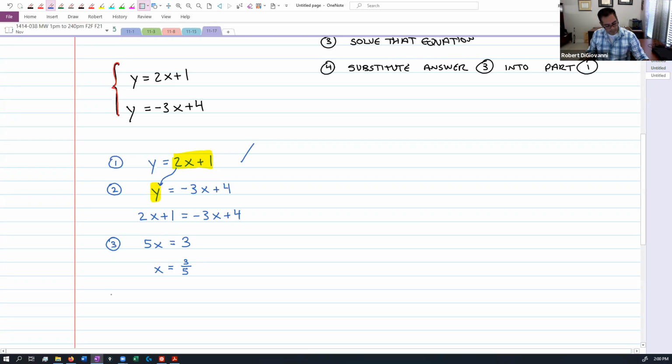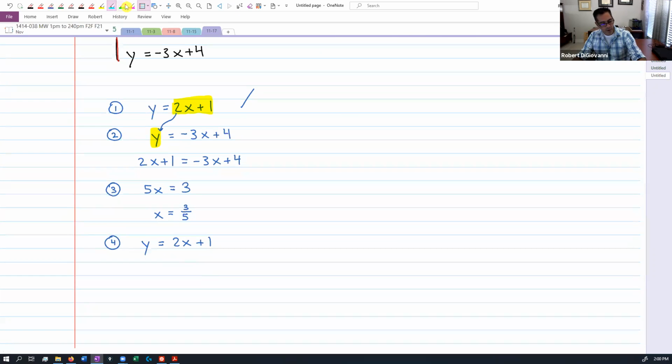The fourth step is to take that answer, 3/5, and plug it into the first equation. In the first equation, we had y equals 2x plus 1. I'm now going to replace that x value right here. So we get y equals 2 times 3/5 plus 1. This gives you 6 over 5 plus 1.